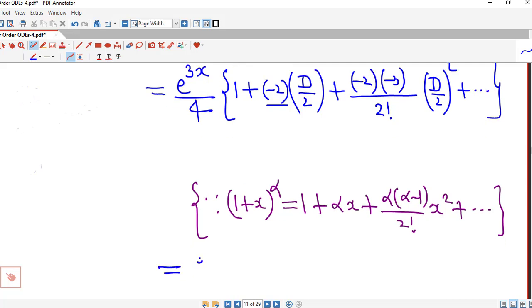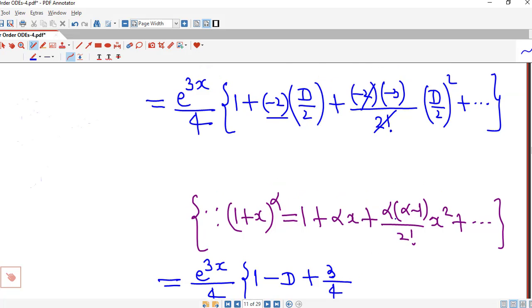This is equal to e raised to 3x by 4. Here the 2 will cancel out and we have 1 minus d. Here negative times negative is positive, 2 factorial is 2, so that will cancel out with this 2, and here we will have 3 and the square of d by 2, that is d square by 4. So we will have 3 in the numerator and 4 in the denominator.